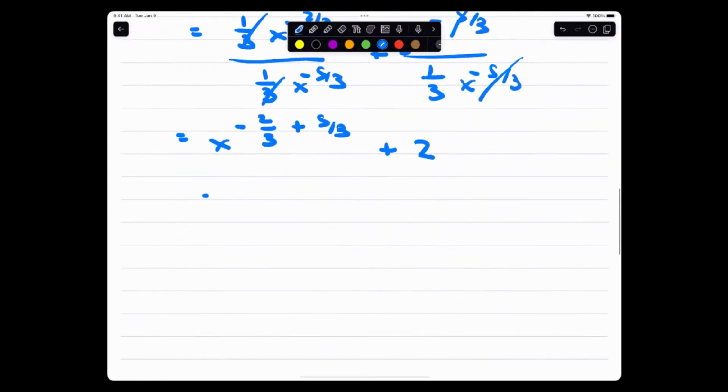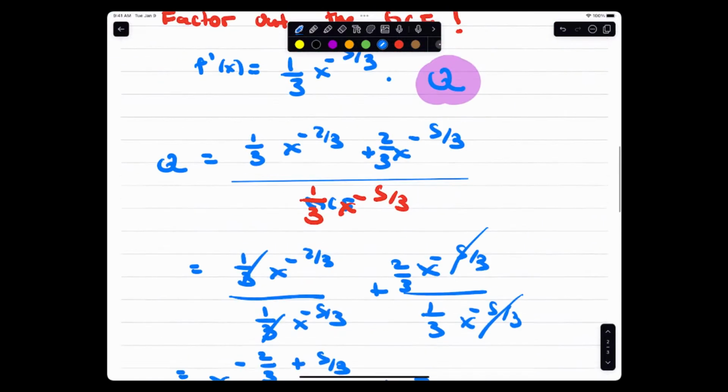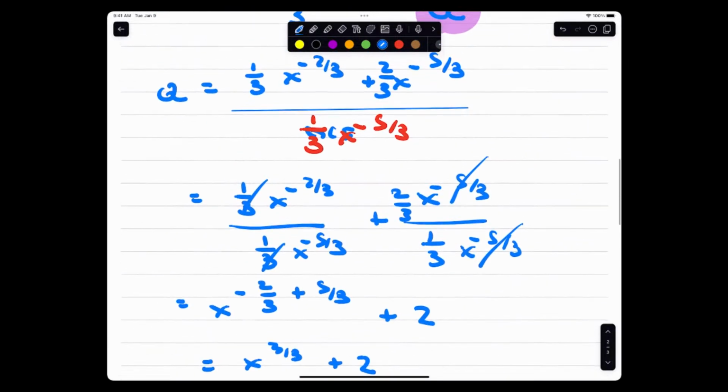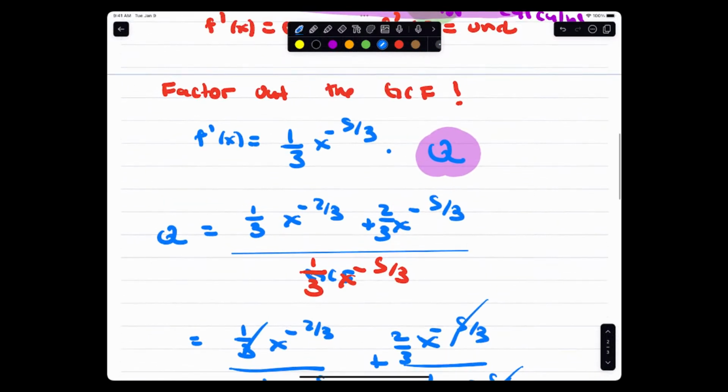So the quotient becomes x to the 3/3, which is 1, plus 2. The point I'm making is that the derivative is 1/3 x to the minus 5/3 times x plus 2.